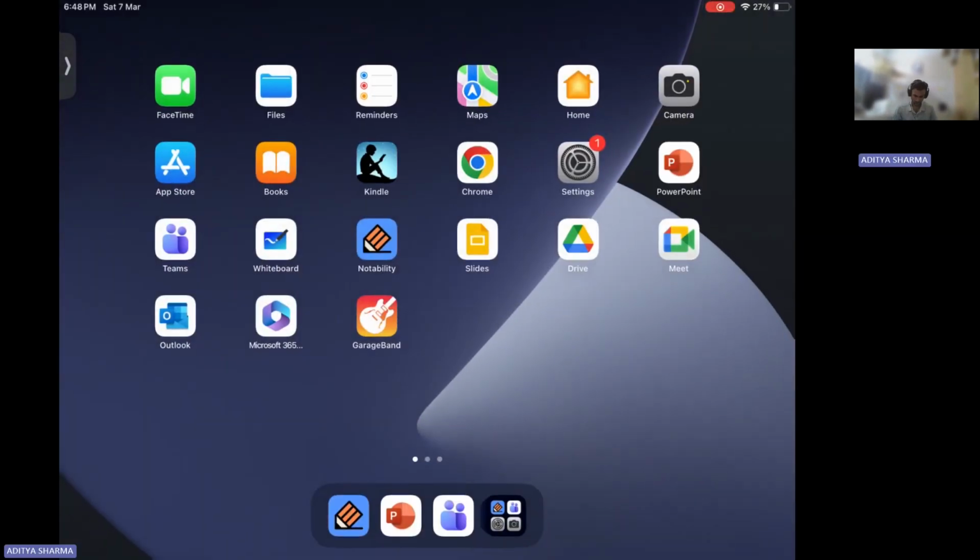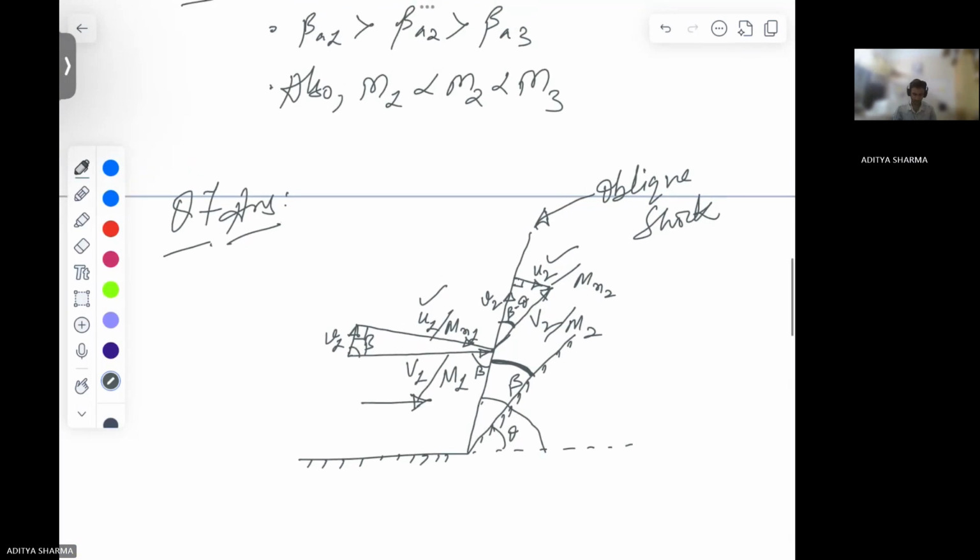So obviously, because see, when we are talking about only normal component, right? So this works as a normal shock. So in normal shock, as your Mach number is increasing, the strength of your shock is increasing.